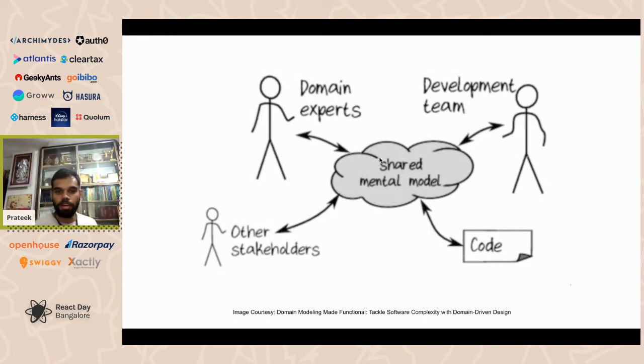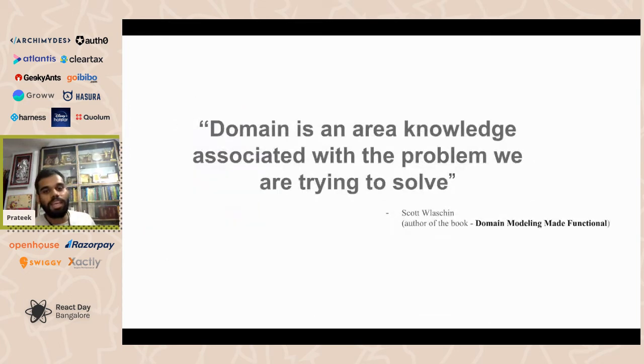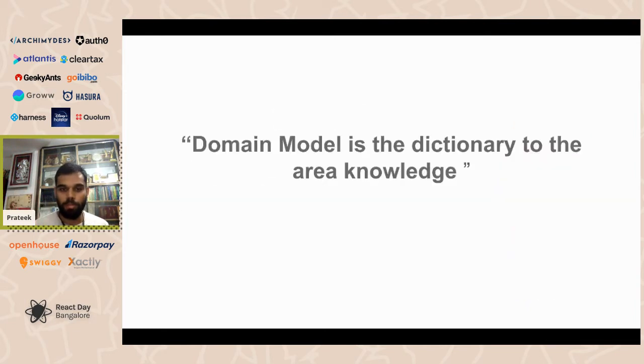Let's dissect domain-driven design a bit. What are domains? A domain is an area of knowledge associated with the problem we are trying to solve. Whatever my business case is, is my domain, and we have a term called domain experts, so your product or the business are your domain experts. What are domain models?